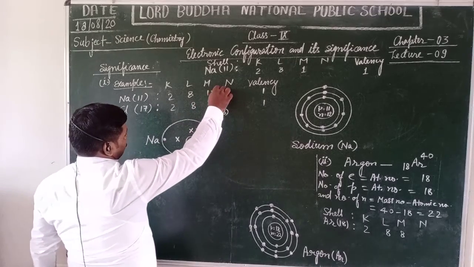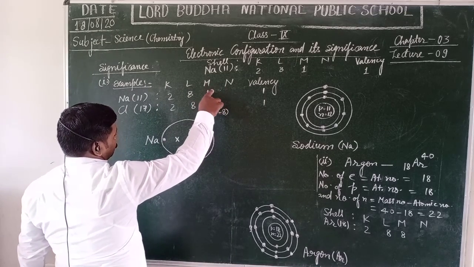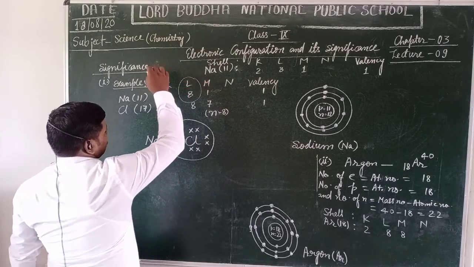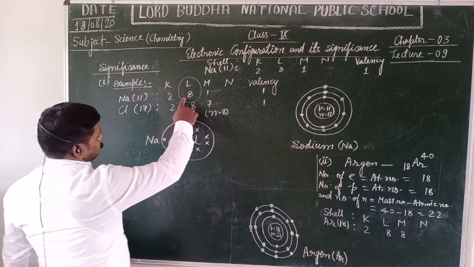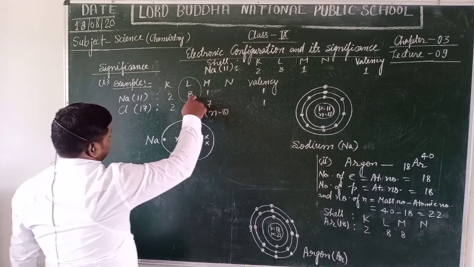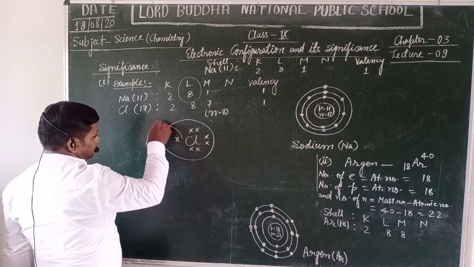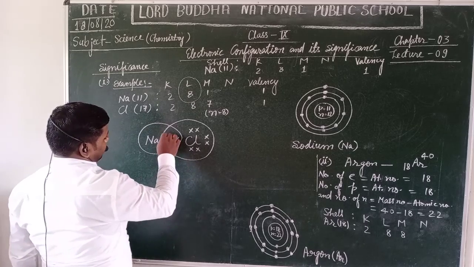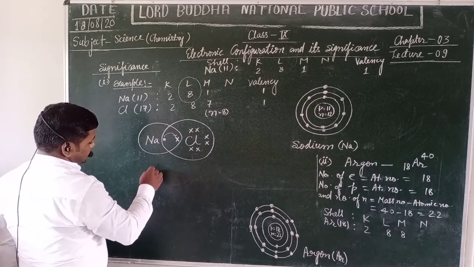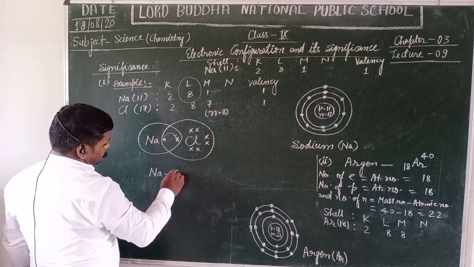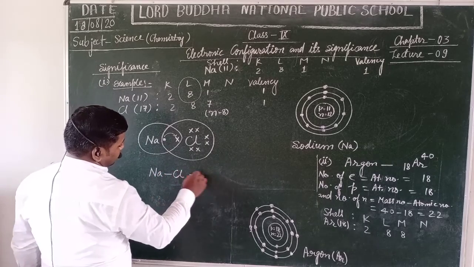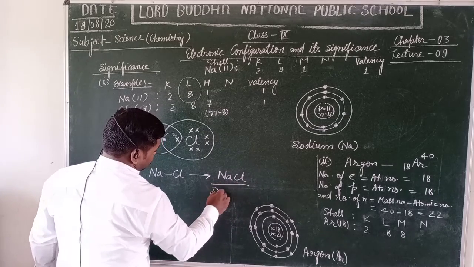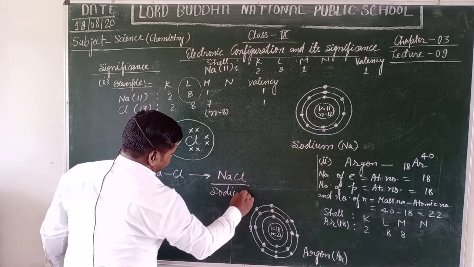If the sodium element loses this outermost single electron, then it can achieve its last shell, L, with 8 electrons. Now the chemical combination takes place with the sharing of electrons, and thus a single bond is formed, and with the result of this the sodium chloride compound is formed.